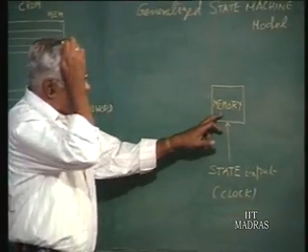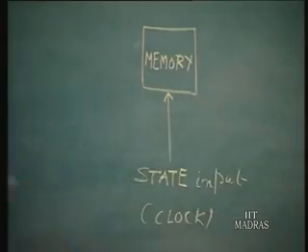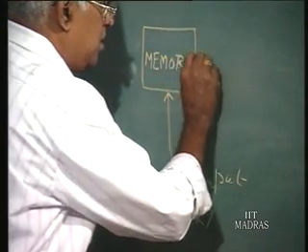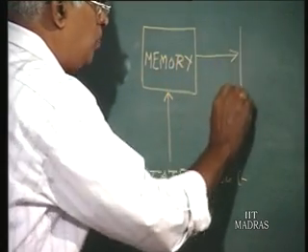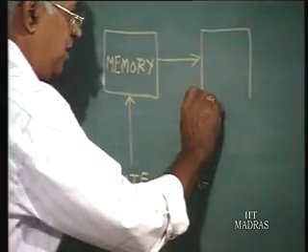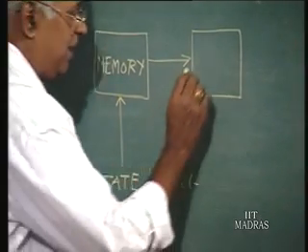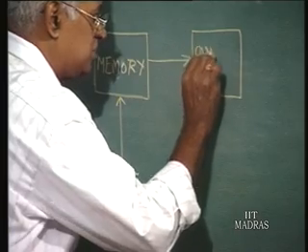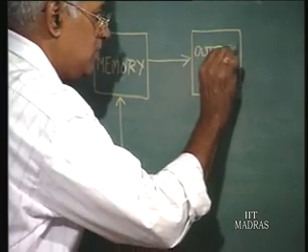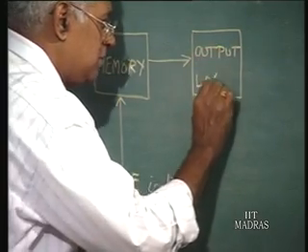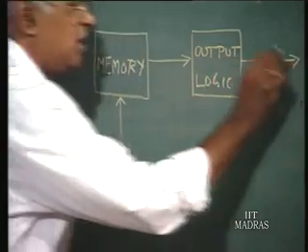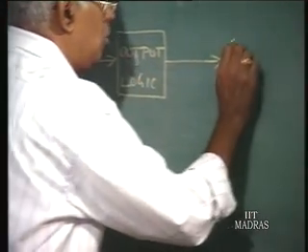Then given a specific state, the output from that can be defined. Now I am going to complicate it a little by introducing another output logic. Then I will derive the actual output.